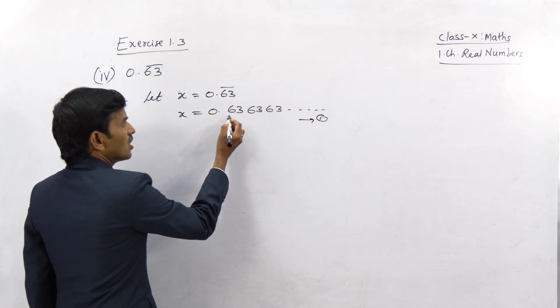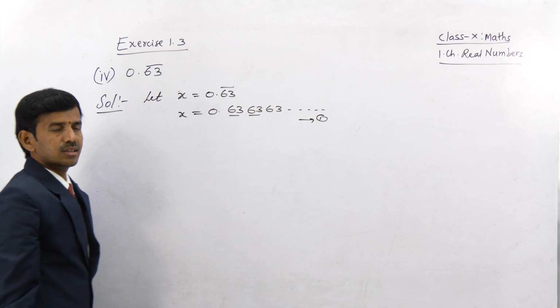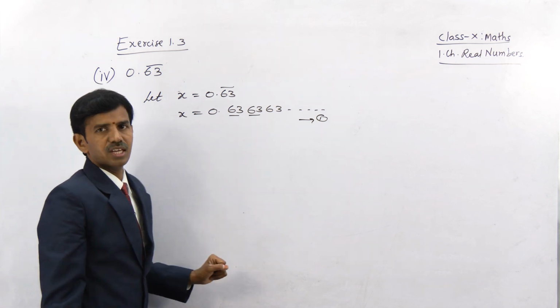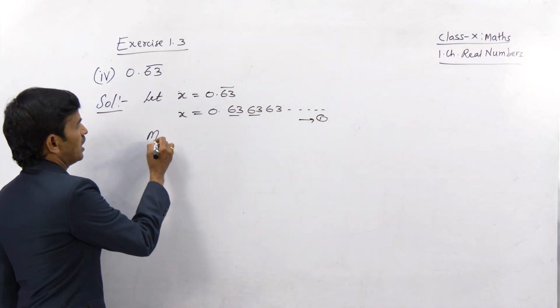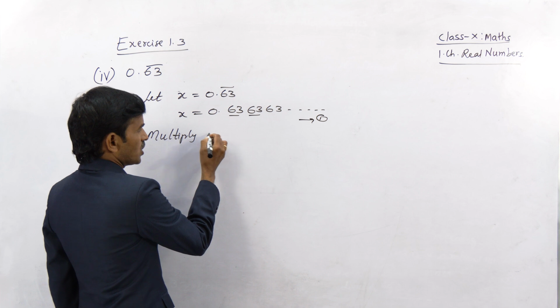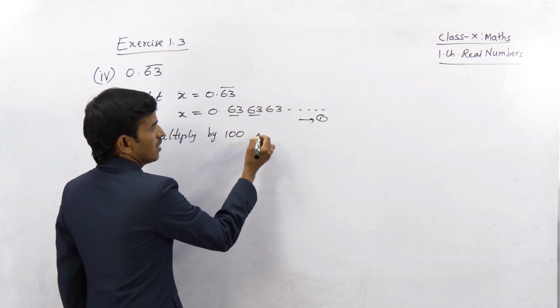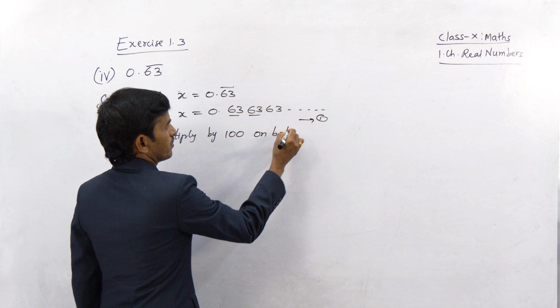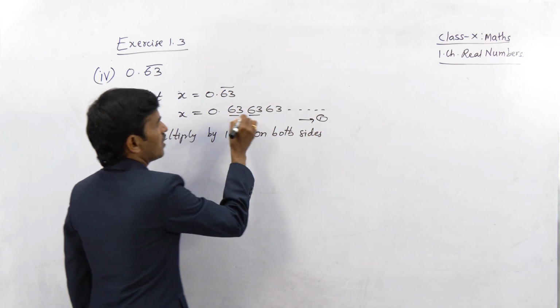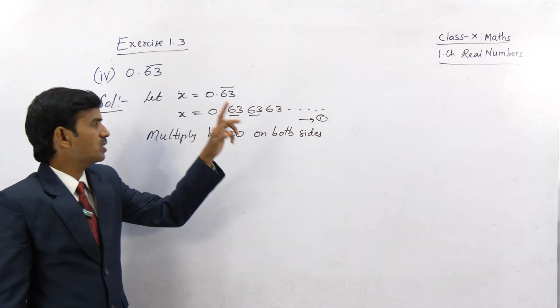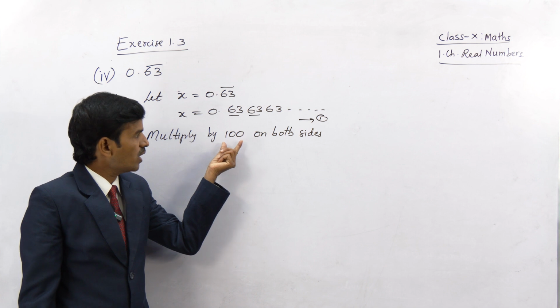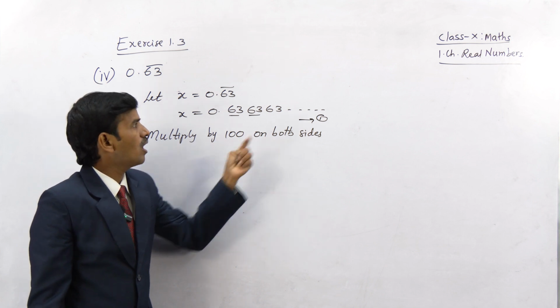Now how many digits are repeating in this case? 2 digits are repeating, so we should multiply equation 1 by 100 on both sides. As the number of digits repeating is 2, we should multiply with 10 square, which is nothing but 100, on both sides.